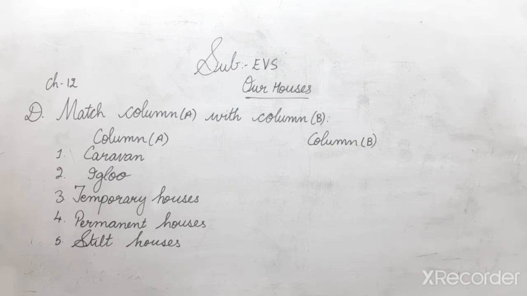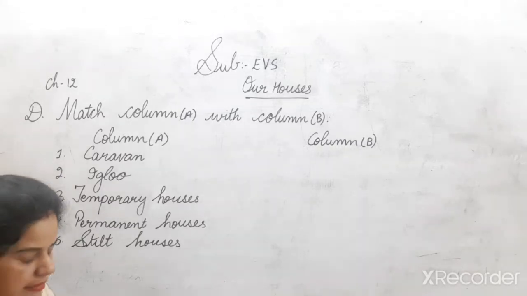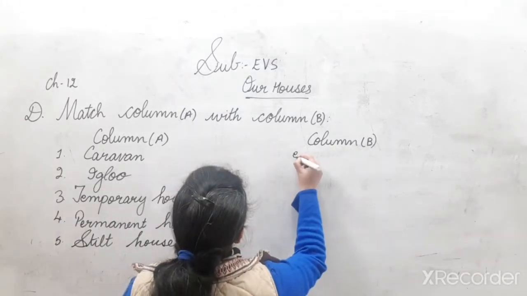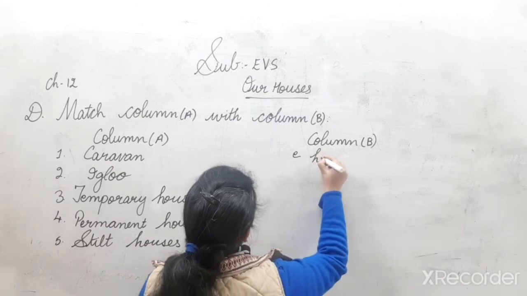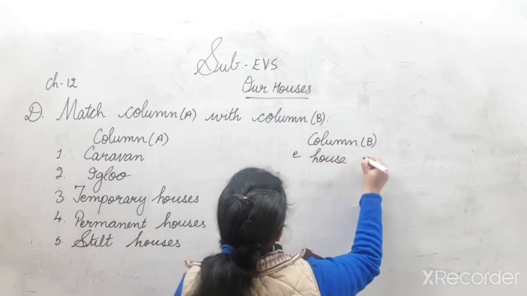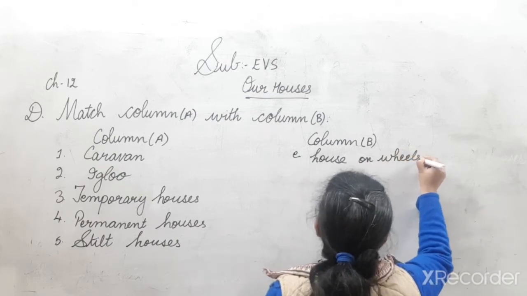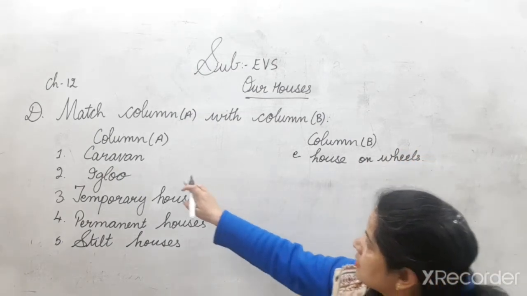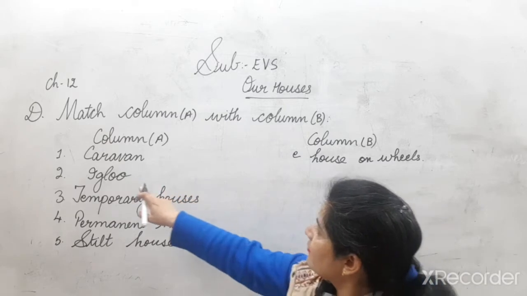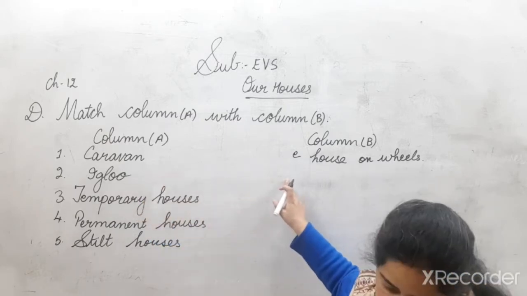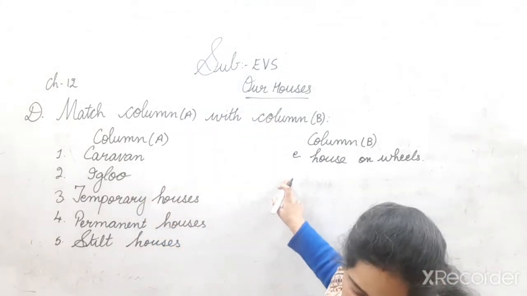So first one is Carva, and I am writing answer in front of it. So Carva is house on wheels. So first one answer is E, house on wheels. Right? Second one is igloo. What is answer for igloo?